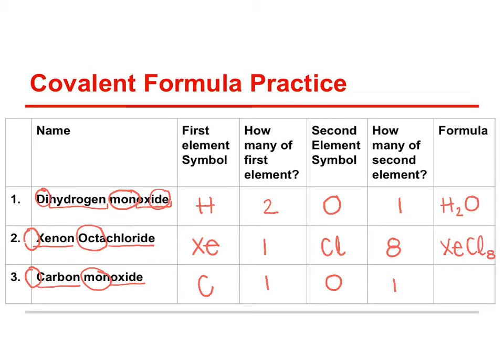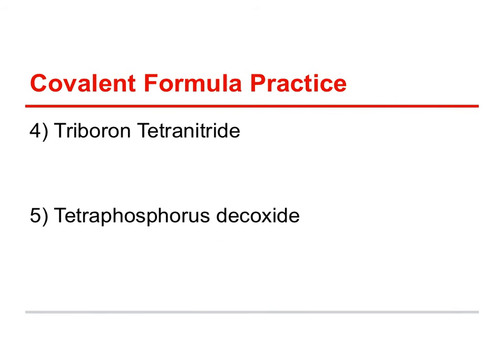So this is just going to be CO, because we don't write those ones. So again, we use the table to break it down a little bit, see where everything's coming from, but you don't have to use a table every time. So go ahead and try it on your own. Pause the video and try it.